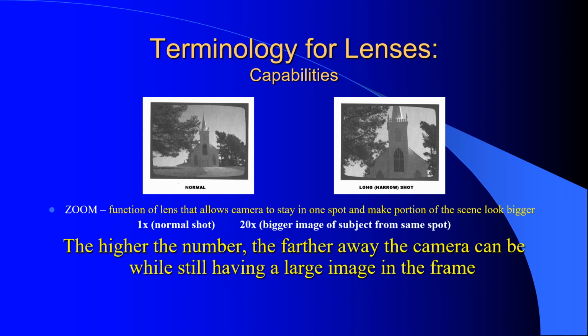So the higher the number, the further away the object can be from the camera while the camera is staying in the same place and making the image look larger in the frame. So like I say, 20X zoom lenses are going to make the image bigger than a 16X zoom lens, whereas a 30X zoom lens is going to make the image bigger than a 20X zoom lens.